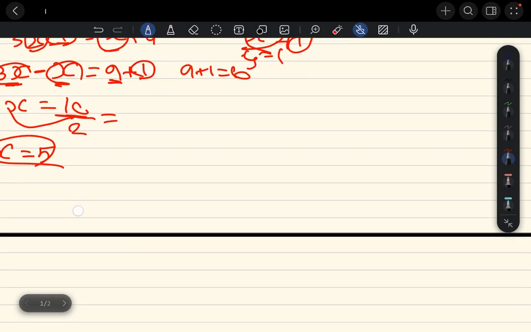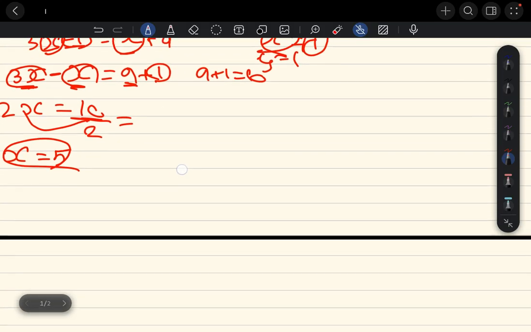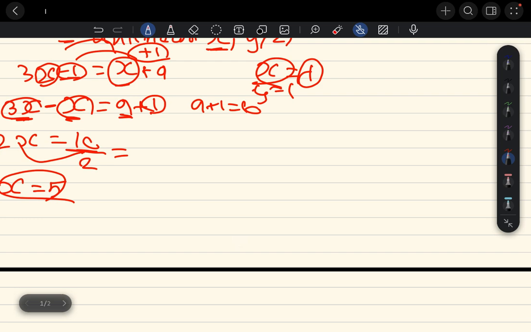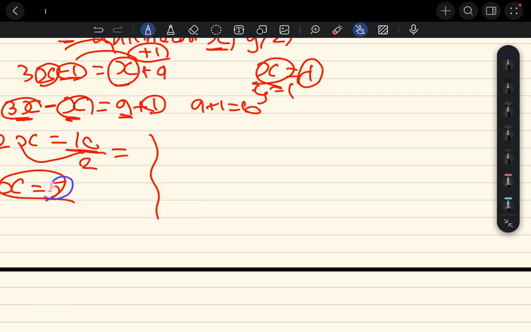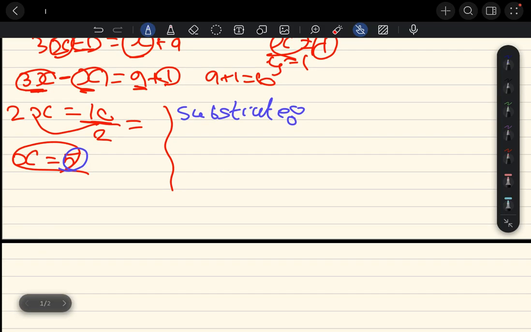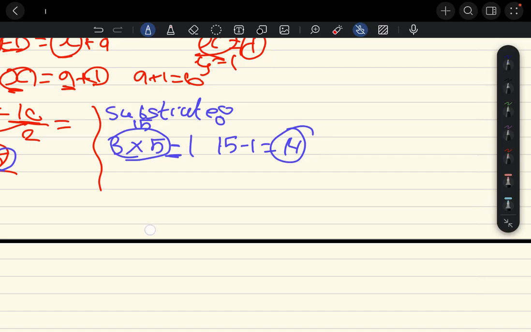That's our final answer. There is an intelligent way to check my answer. What is it? I got my x equal to 5, right? So what I'm gonna do is substitute. So okay, I can check my answer. 3 multiplied by 5, minus 1. 3 multiplied by 5 is equal to 15, minus 1. So 15 minus 1 equals 14. That's the first side.